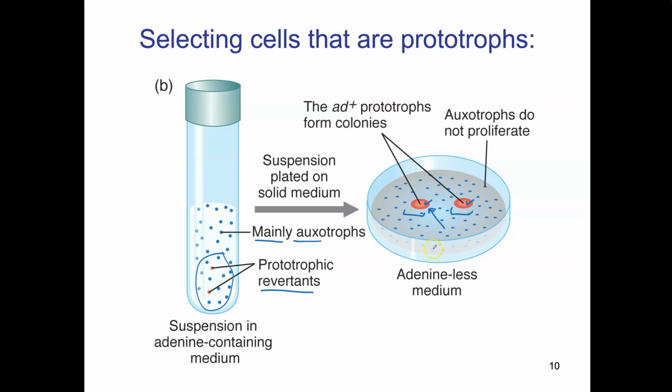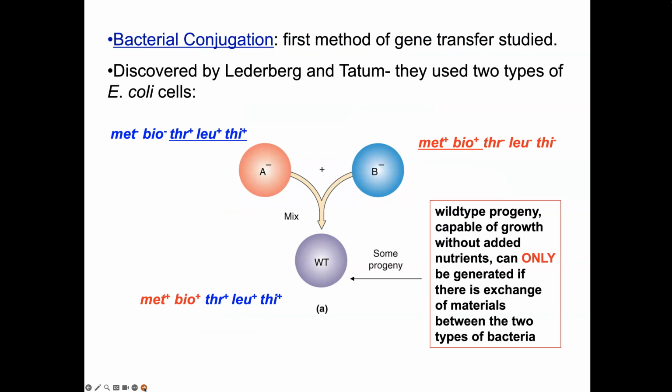Imagine if we had to test billions of colonies to find out which ones were a certain genotype. That's not practical. You've got to have some way of getting rid of all the ones you don't want and only focusing on the genotypes that you're interested in. And it's very efficient. Okay, and we use it a lot, actually.